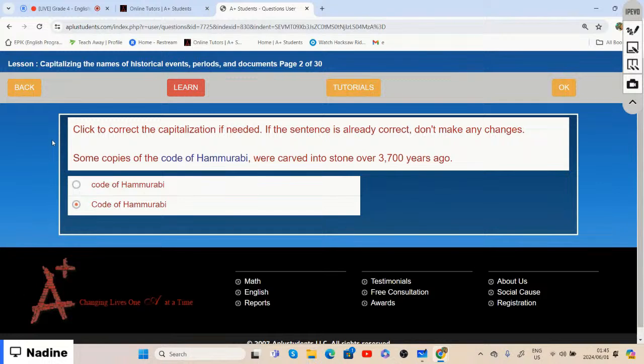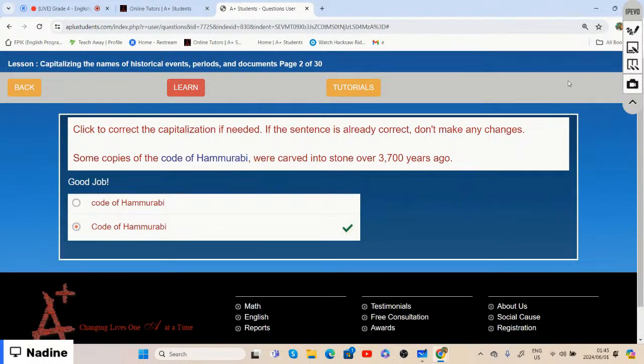All right, and if we were to select the correct capitalization, then we will go with option two for Code of Hammurabi.